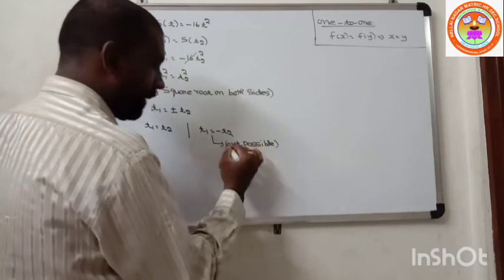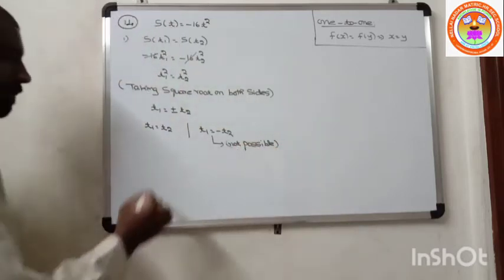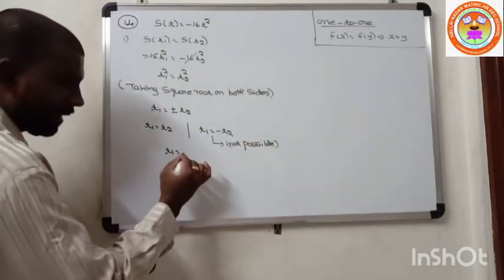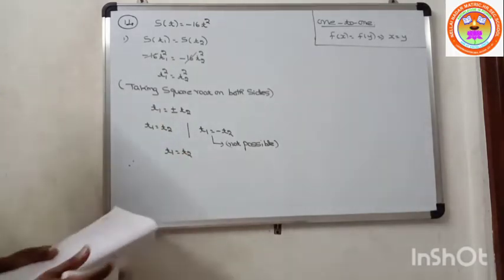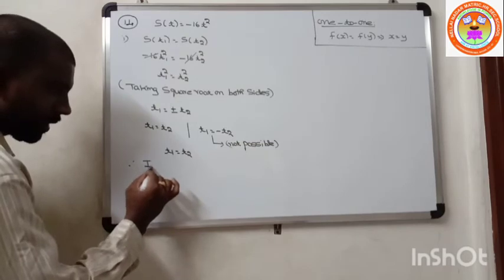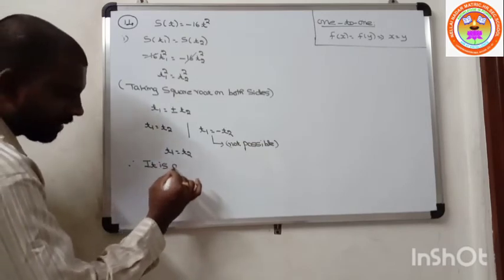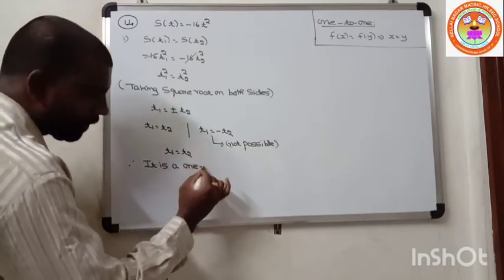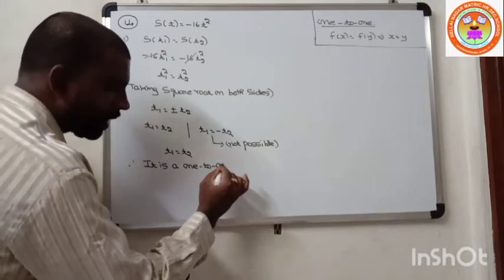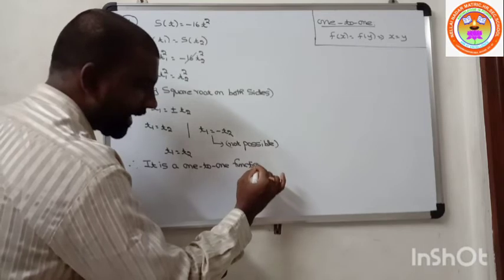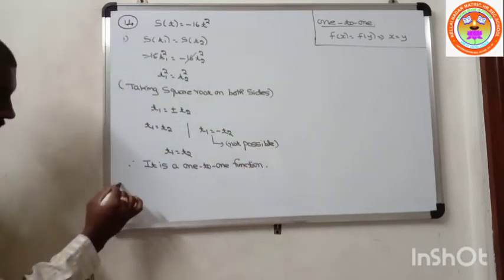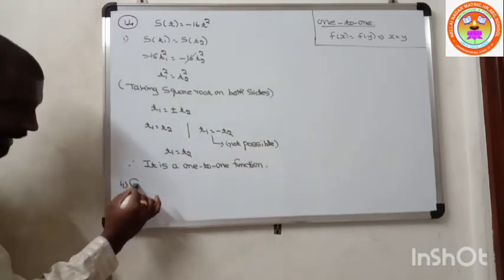The only possibility is that the value must be positive. t1 equal to t2. Therefore, it is a one to one function.